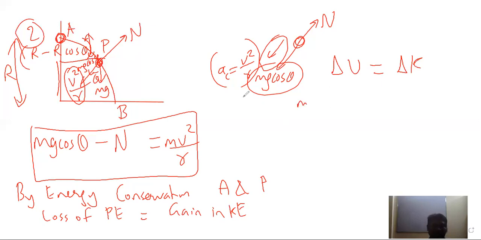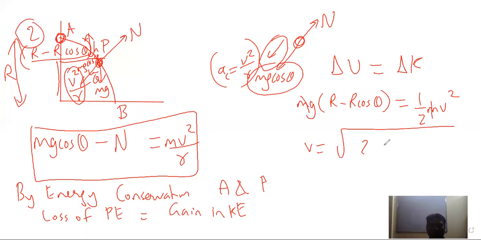So mg into the height lost, h value is r minus r cos theta, because total distance is r and this is r cos theta. You can easily prove this by geometry. We have done this in circular motion. So that will be half mv square. So m cancels, and v comes out to be root of 2gr into 1 minus cos theta. So this is the value of velocity.